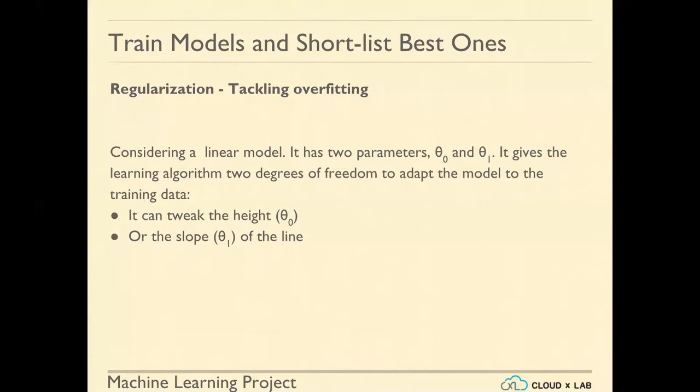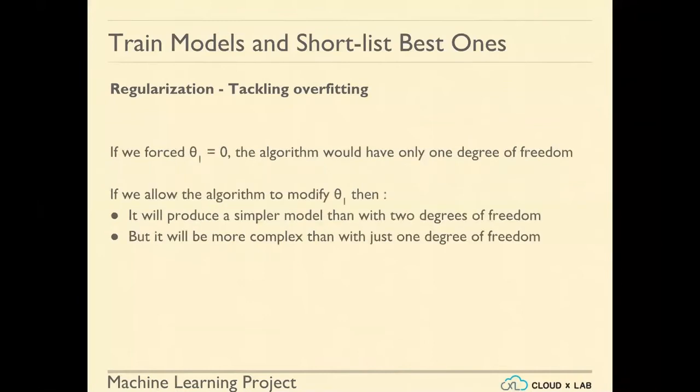Now, if we force this algorithm to keep every line such that it goes through the center, right? We say, hey, theta 0 is 0, which means the line must go through the center, and the model will have only one degree of freedom, that's changing the slope, right?